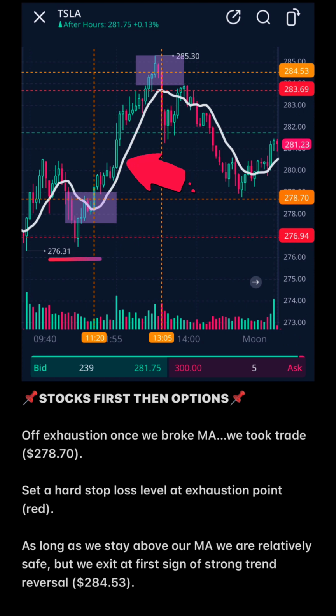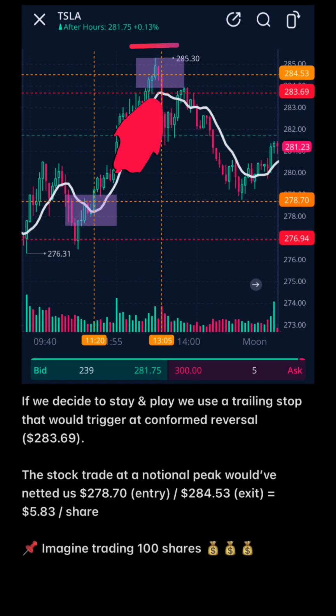As long as we stay above our moving average, we're relatively safe throughout the day and we can stay in the trade. But we exit at the first sign of a strong trend reversal, which we notice is right there at 284.53, or that top purple box right there. Now, say we decide to stay in play.